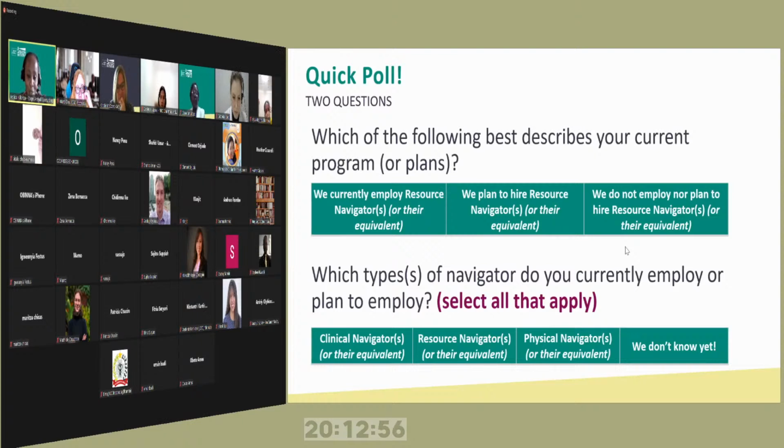Those that do not know yet, today should also shed some light as to what's possible for you in the realm of the discussions that we are having. So it seems like there's a lot of interest in the different types of navigation. So that's good to hear, and we look forward to continuing to talk with you about what you're planning to do in the future. Okay, thank you.